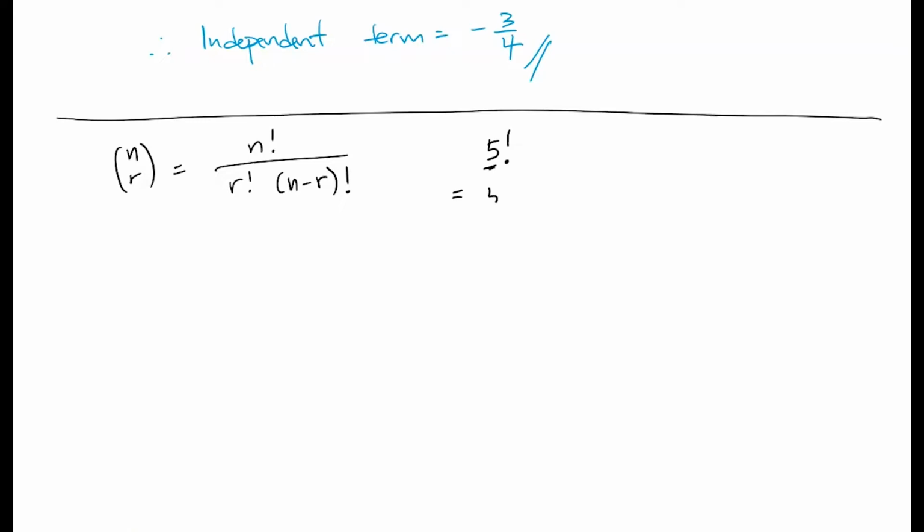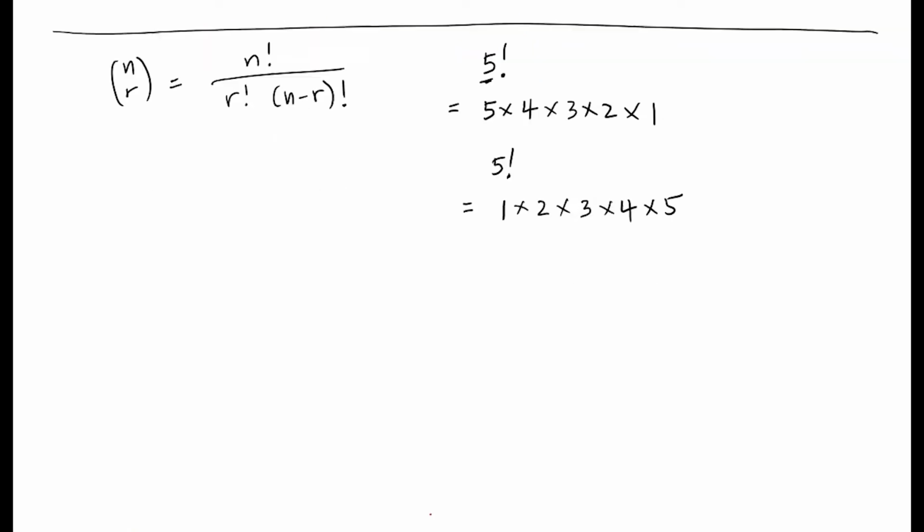So it starts with 5, and then you multiply with the next one, which is 4, and 3, and 2, and 1. If you have 7 factorial, then it will be 7 times 6 times 5 times 4 times 3 times 2 times 1. Of course, we can also write 5 factorial in another way, which is we start from 1 and then multiply in ascending order until we reach the number 5.